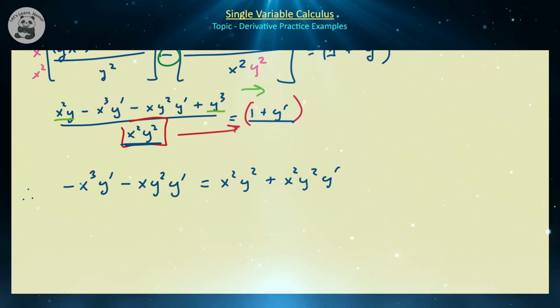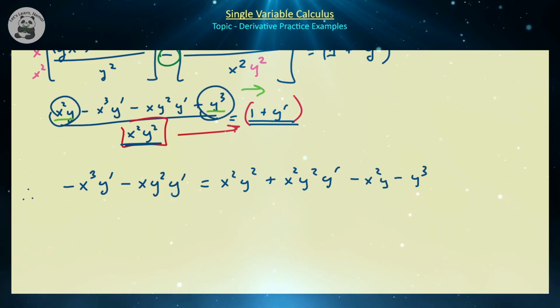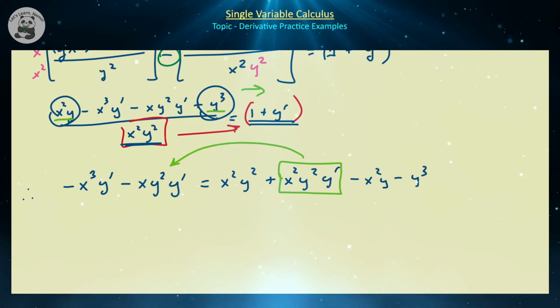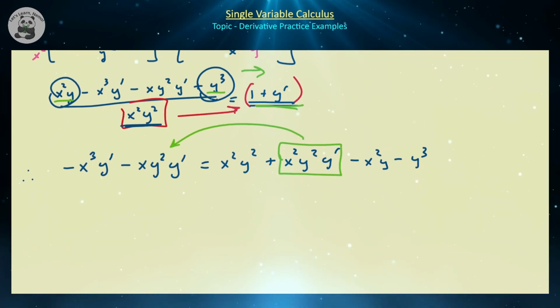That's what you get when you distribute that into that bracket. And then we're going to have minus x squared y minus y cubed when we isolate those terms that don't have y prime into the right-hand side. We still have this lonely little y prime there, which means we need to shift that to the left-hand side. That's why I actually had to distribute that x squared y squared into that red bracket, else we can't isolate that further.